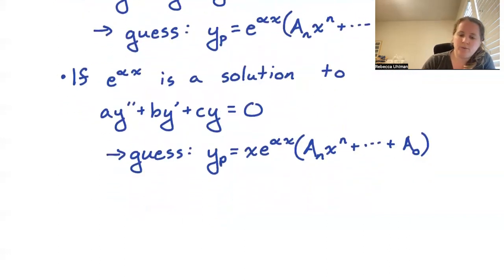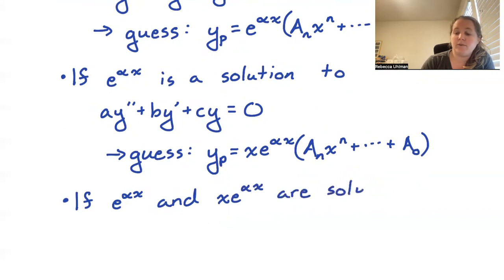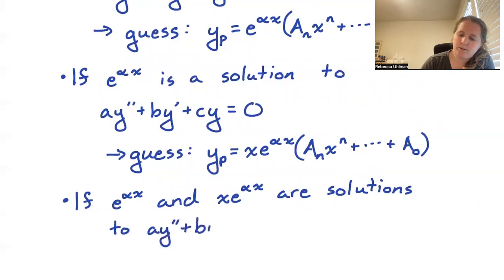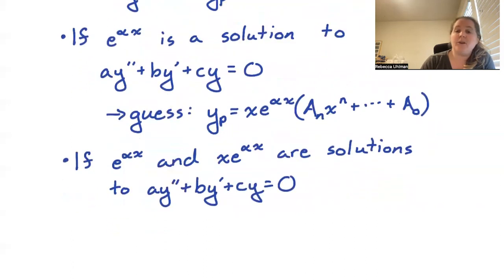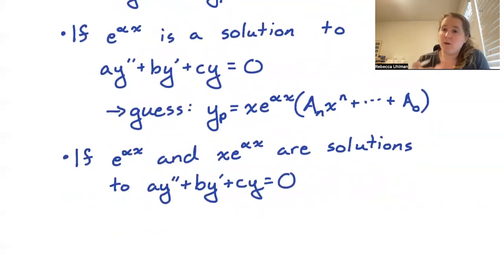And then we have one more case, which I haven't gone through. It turns out if e to the alpha x and x e to the alpha x are both solutions, in other words, if alpha was a repeated root of our characteristic equation, so if both of these are solutions to ay double prime plus by prime plus cy equals 0, then we actually need to raise the degree one more time.